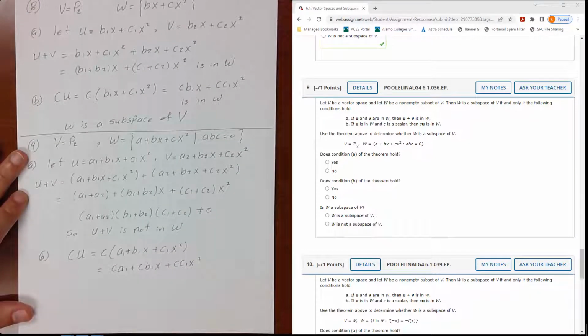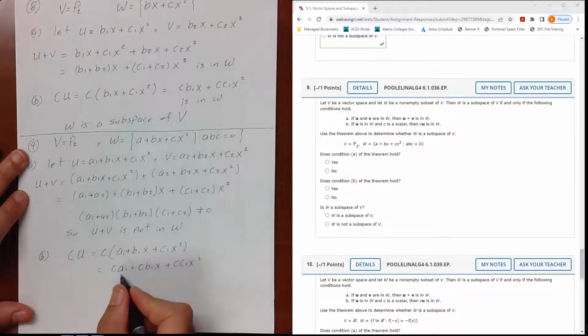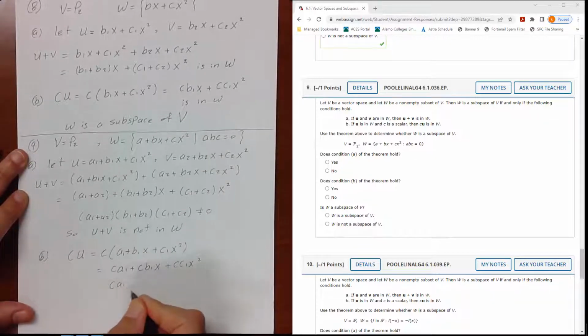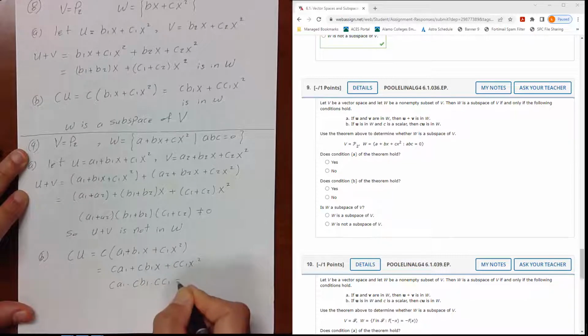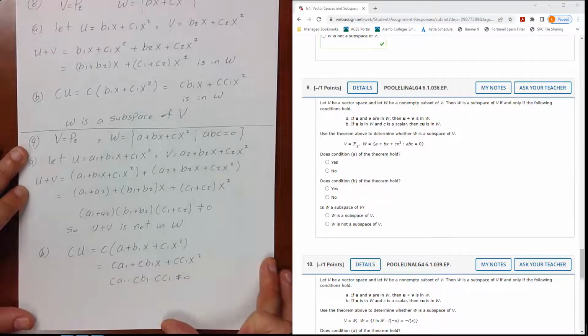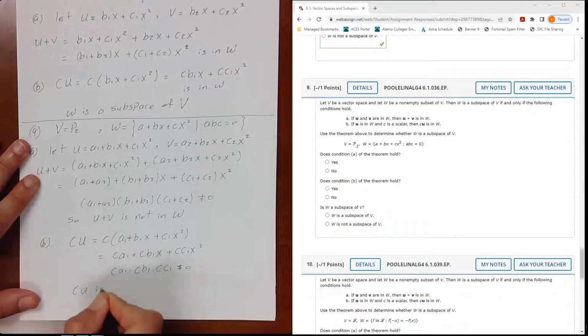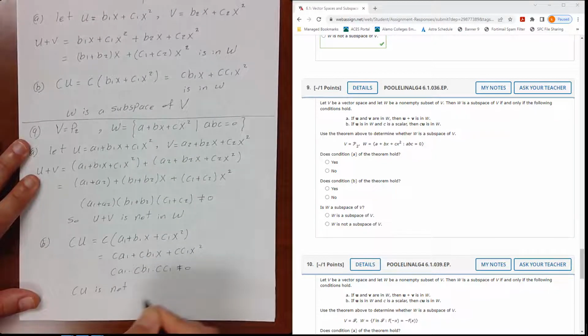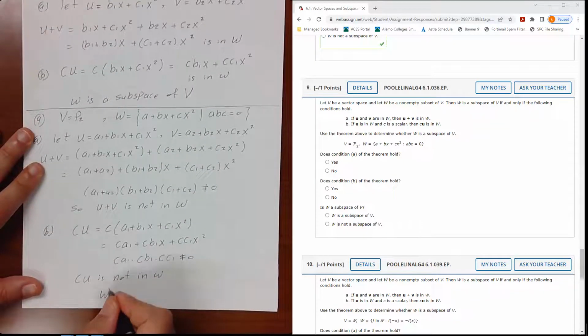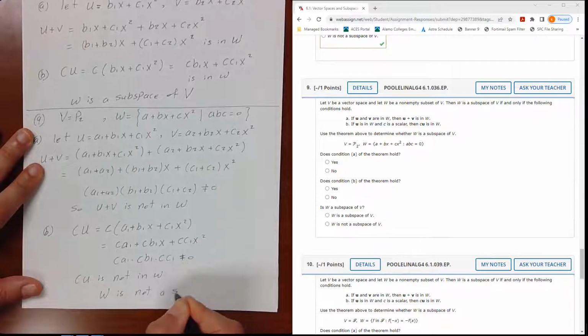You can't say CA1 times CB1 times CC1 equals 0. This is not equal to 0. So again, CU is not in W. So W is not a subspace.